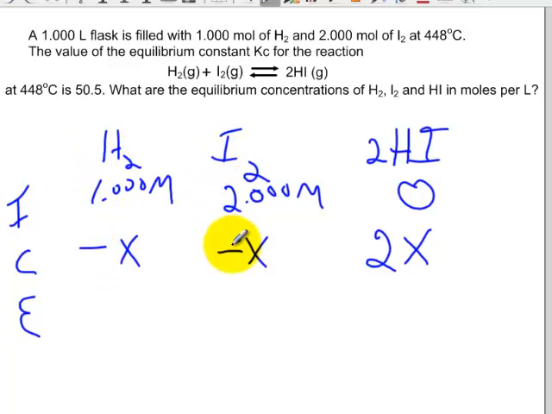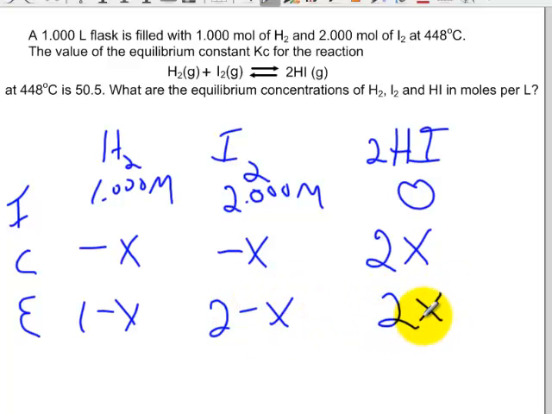Notice that's all coming from the stoichiometry of the equation. So whatever it is that's getting formed, there's twice as much of it as we're losing here and here. So now, just like I did before, I'm going to combine I and C to get E. So this is 1 minus X, this is 2 minus X, and this is 2X.